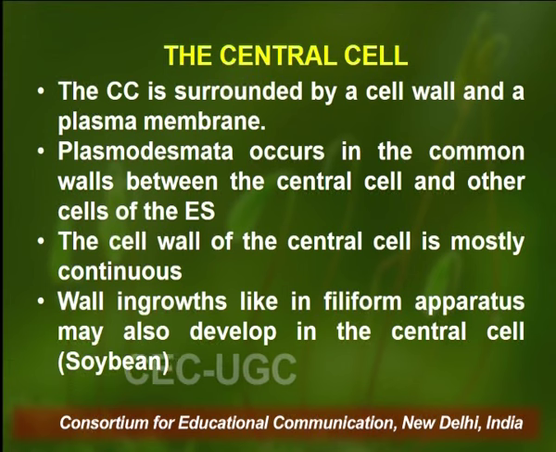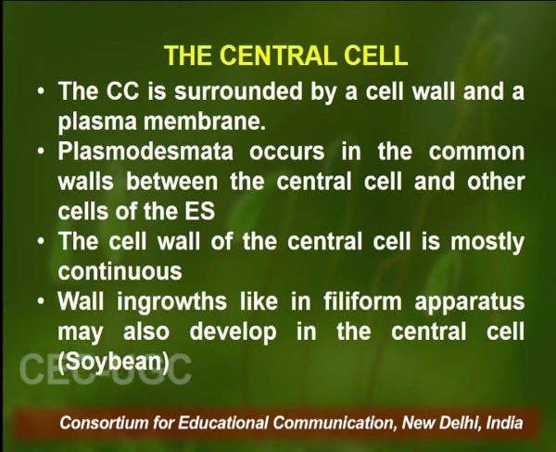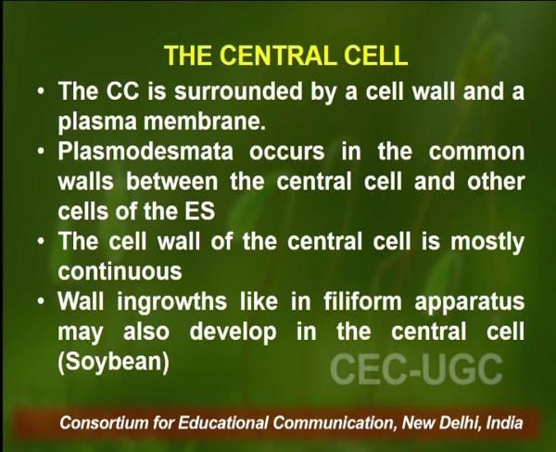The cell wall of the central cell is mostly continuous, unlike the walls in the synergids and the egg cells. Wall ingrowths, like in the filiform apparatus, can sometimes develop even in the central cell, as seen in soybean.